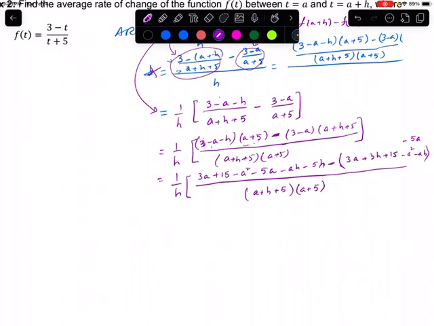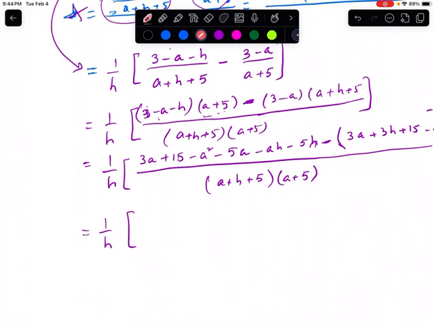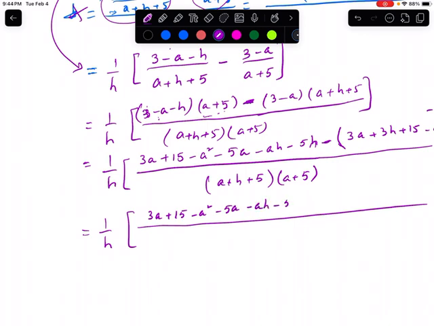Now we go to the next step on our h. Lots of terms will cancel out, notice. Actually, we have to first distribute further. So 3a plus 15 minus a square minus 5a minus ah minus 5h, minus 3a minus 3h minus 15.